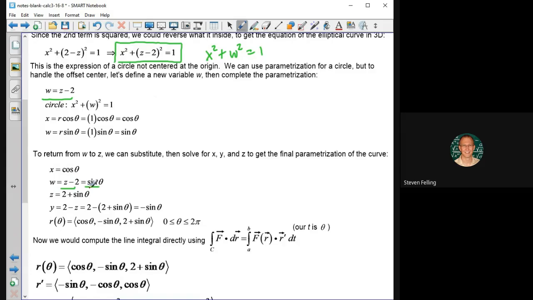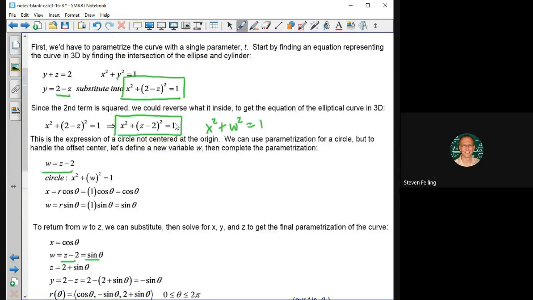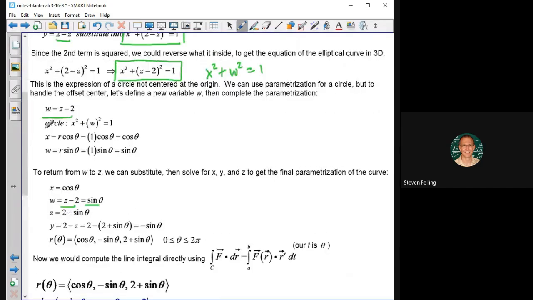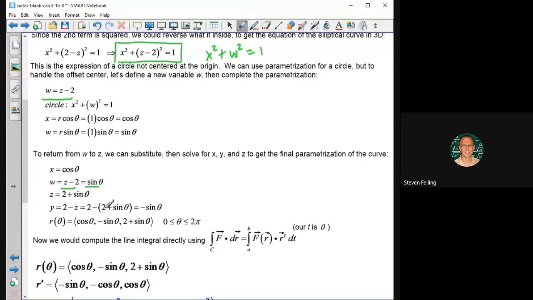And then y would have to be, back up here, 2 minus z to be at the intersection. So that would be 2 minus the 2 plus sine theta, so that would be negative sine theta.